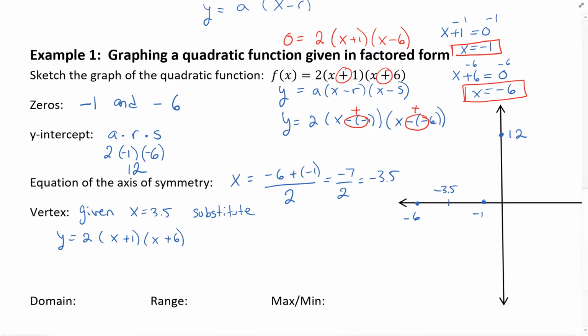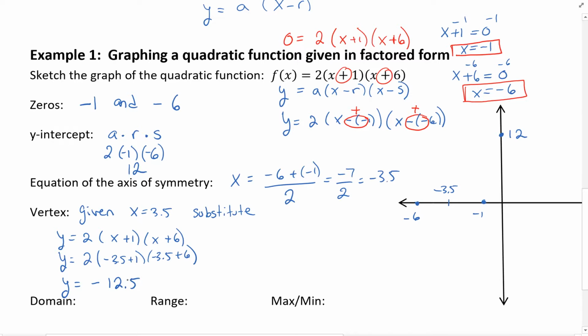I just noticed I made a mistake up here. This is supposed to be a plus 6. Okay, we're going to plug in that negative 3.5. So y is equal to 2 times negative 3.5 plus 1, times negative 3.5 plus 6. Okay, plug that into your calculator, do your math, and you get y is equal to negative 12.5.